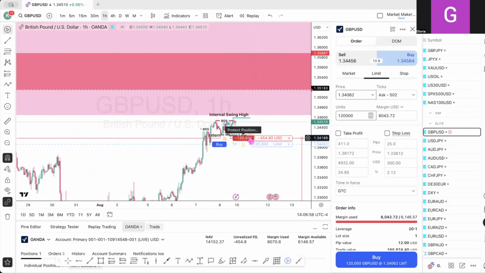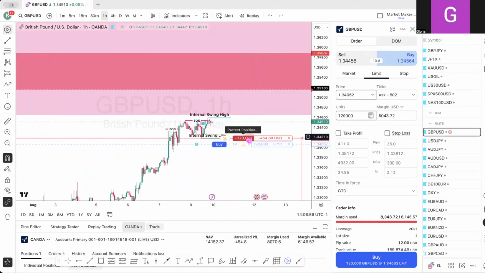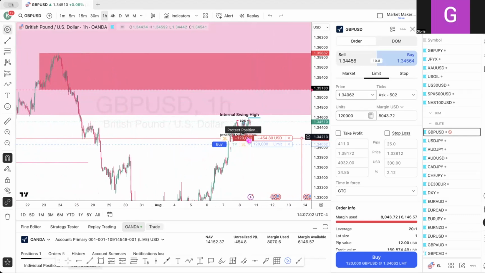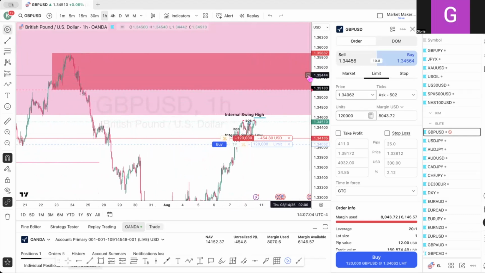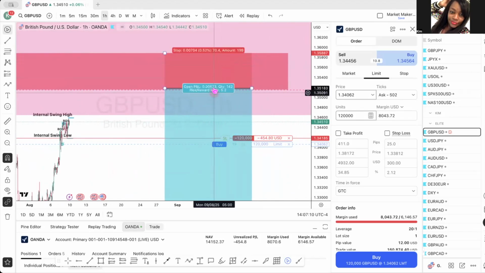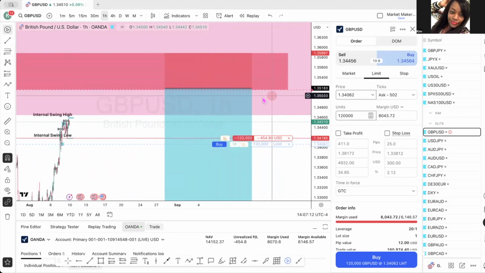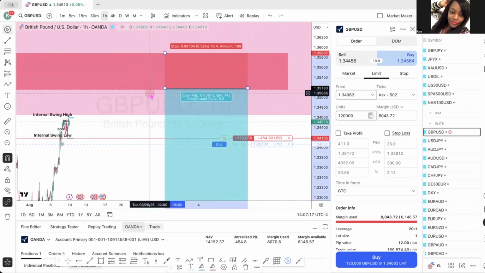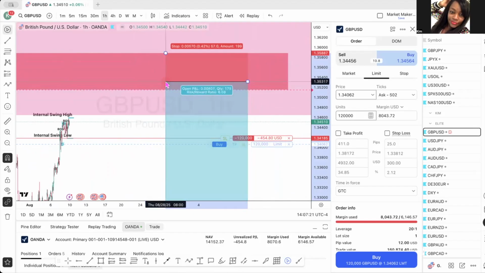But the only thing I noticed is that my numbers are different. Like where you have the 1.35813, that's your alert, right? That is my entry for this short position. So if I move this up, that's going to change.